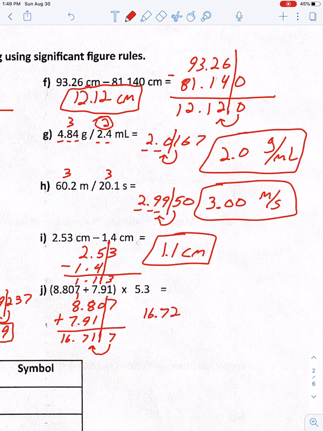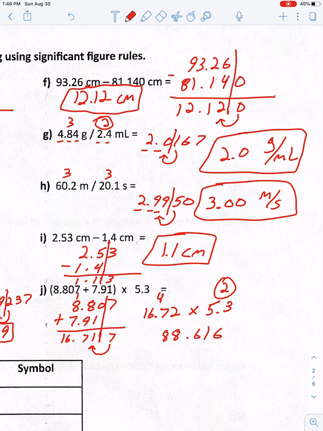Okay, now I can multiply it by 5.3. So now I'm going to do significant figure rules. So 16.72 has 4 significant figures. 5.3 only has 2. So my answer can only have 2. So 16.72 times 5.3 gives me 88.616.